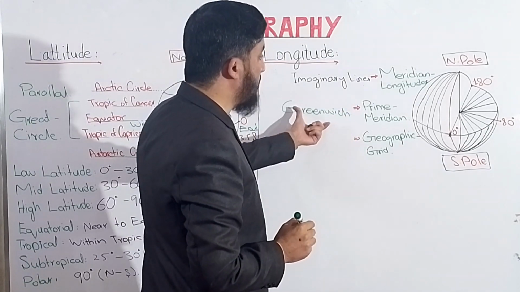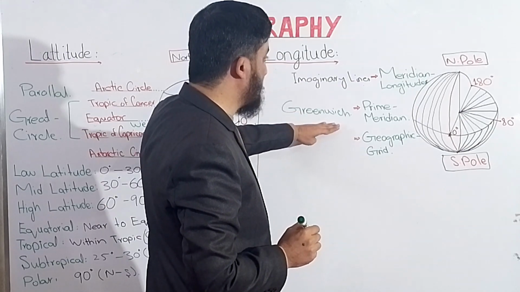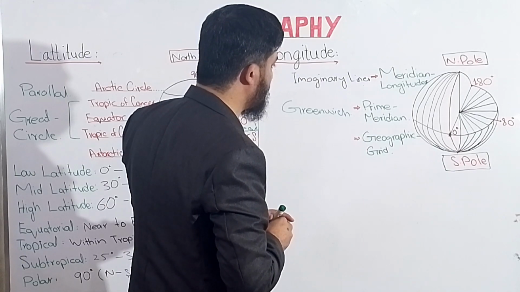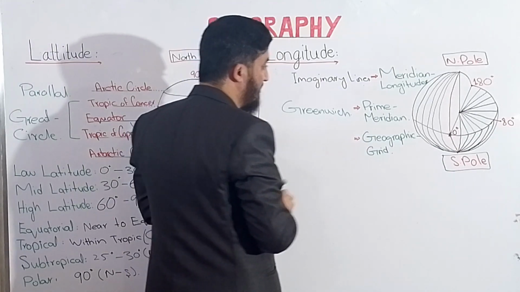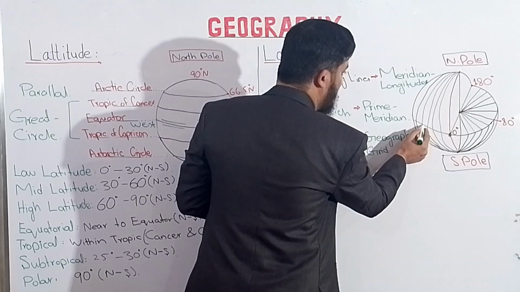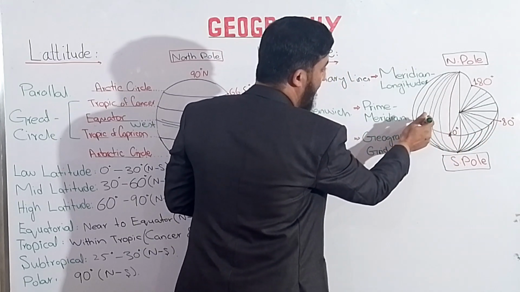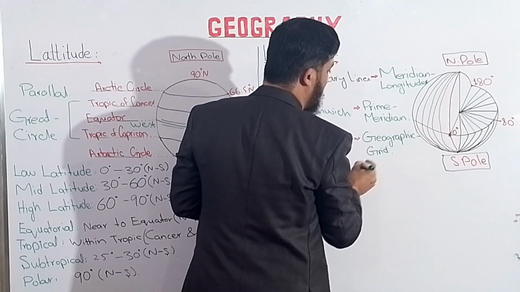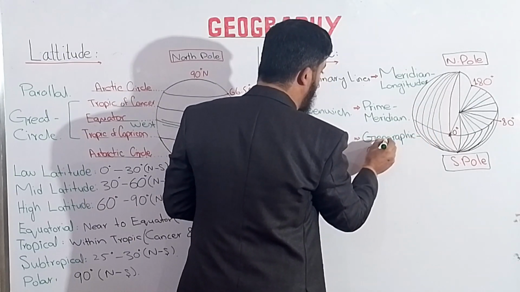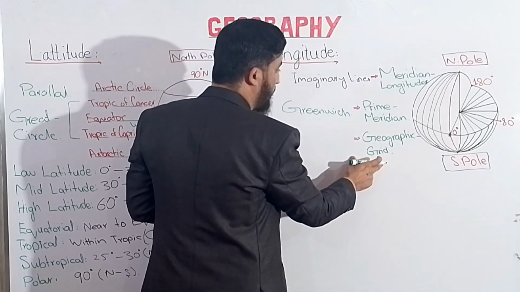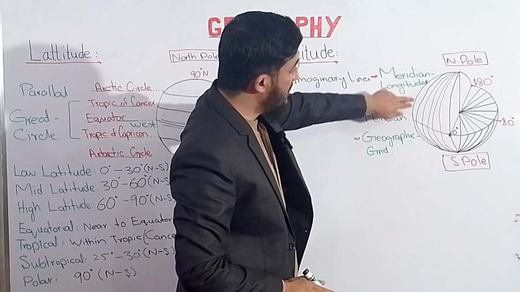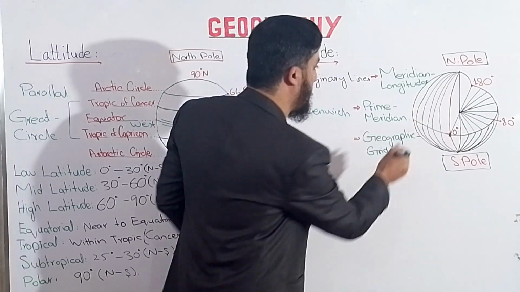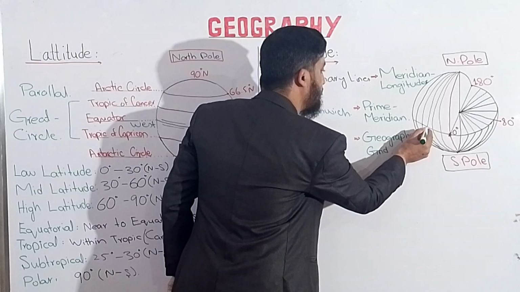According to this prime meridian, the times of the countries are calculated. The section where the parallels and the meridians intersect each other is called the geographic grid. It is where both longitudinal and latitudinal lines intersect each other, like at this point.